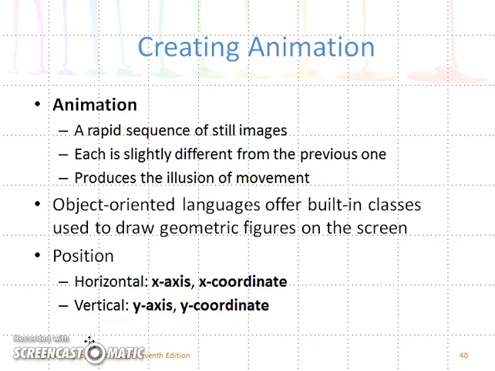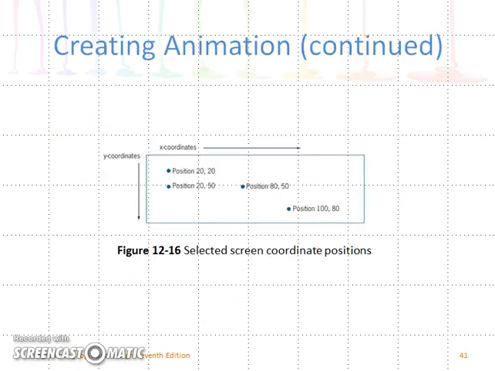Now, let's have a look at figure 12.16 to actually explain this more graphically. We have our x-coordinates, which increase this way to the right. We have our y-coordinates, which increase down, and the upper left corner of our window is our position 0, 0.